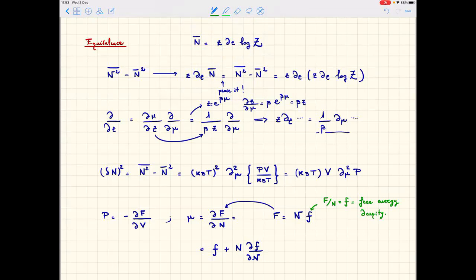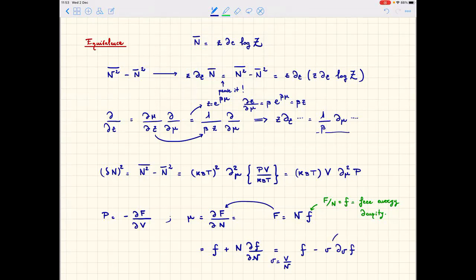Okay. So now I can change variables here, introduce another variable which is the specific volume, V over N. And if I change variables in these derivatives, I will discover that this is nothing but this.